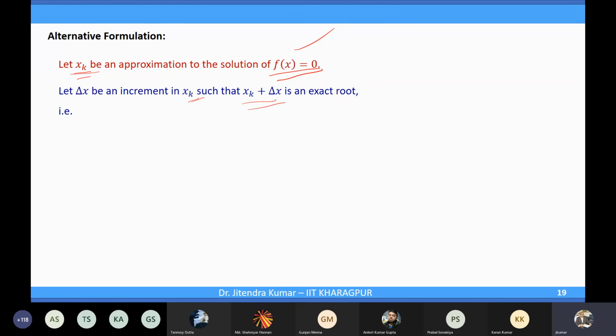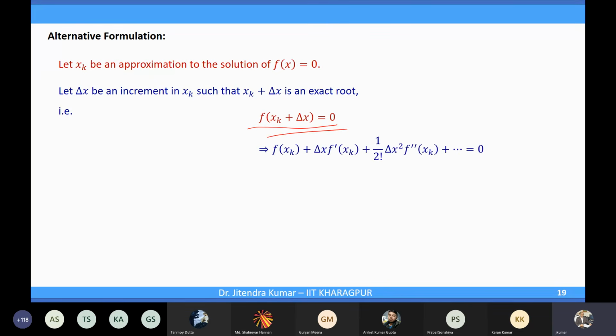Now the question is, what is delta x? What is the relation of x_k and delta x? Because x_k plus delta x is an exact root, f(x_k plus delta x) should satisfy the equation, that is, equal 0.